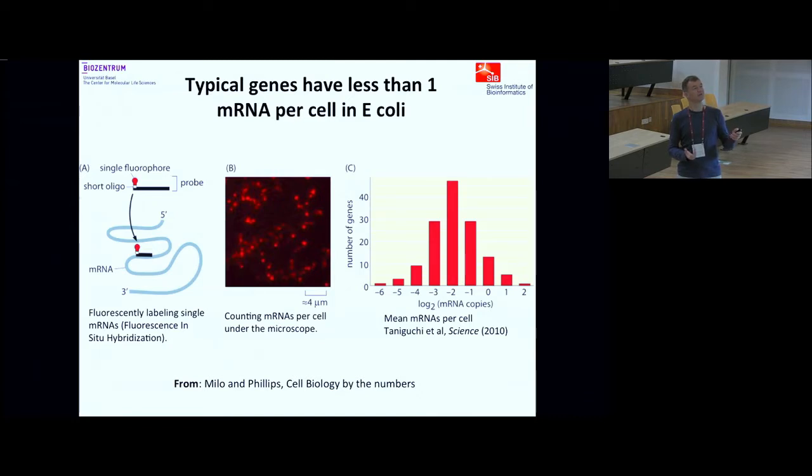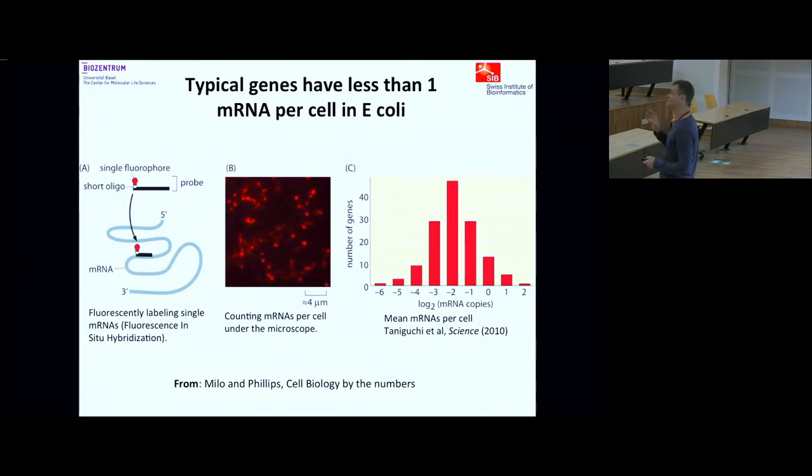So they're antisense to the mRNA sequence that you want to measure, and they have fluorescent molecules on them. When you add such probes to the cell, you can basically take pictures of cells and count the number of spots that you see per cell. And this number of spots is the number of mRNAs within a cell.